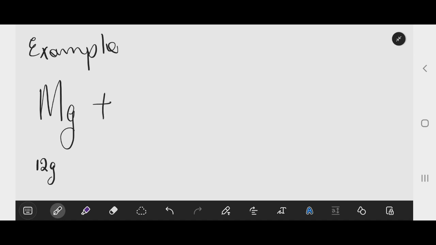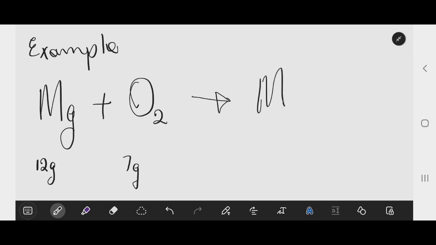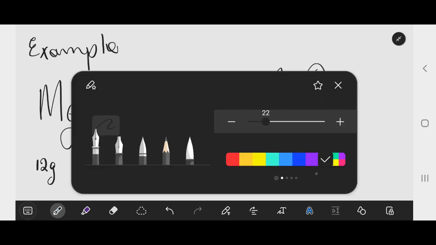This magnesium will react with oxygen gas, and we have, let's say, 7 grams of that oxygen gas. So this would react to produce magnesium oxide, right?